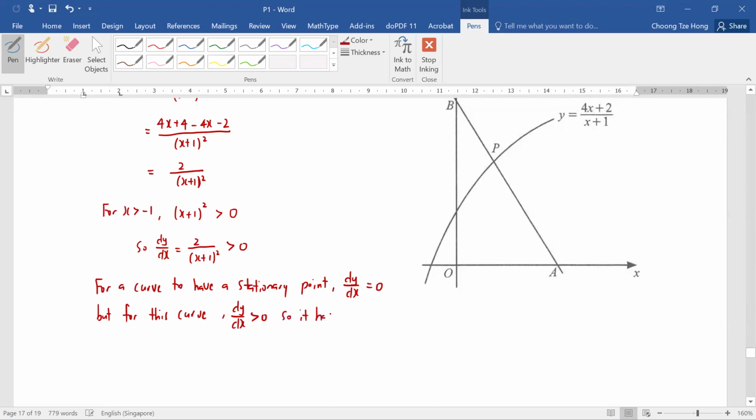So it has no stationary point. This is how we will angle our answer. Basically we find the expression for dy/dx and then we show that it will never be equal to 0, and hence there will be no stationary point.